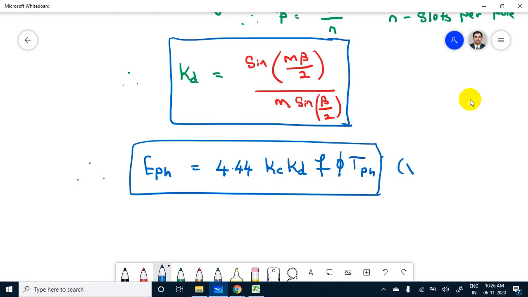The unit for EMF will be volts. Any doubts? Till now do you have doubts? Anyone? Shushma? Yes, sir. Any doubts? No, sir.